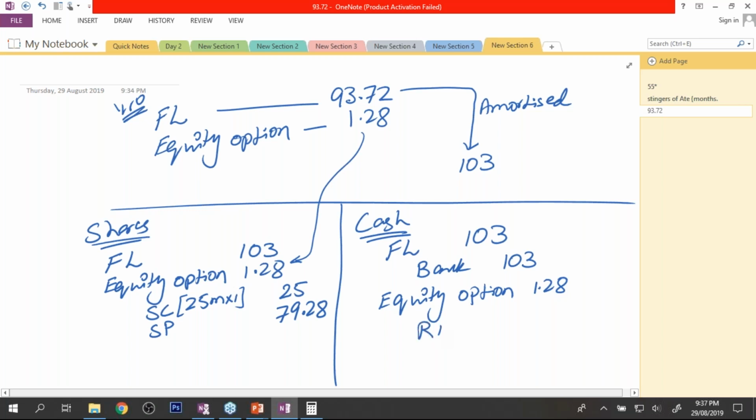So it's a gain for us, and that gain will be recorded in the retained earnings. So these are two different types of entries that should be recorded based on what the loan note holders actually decide.